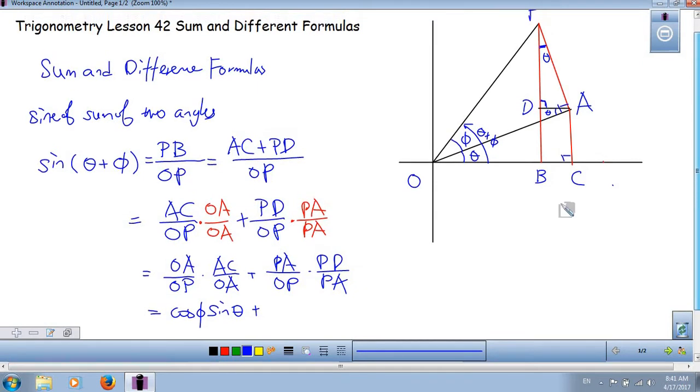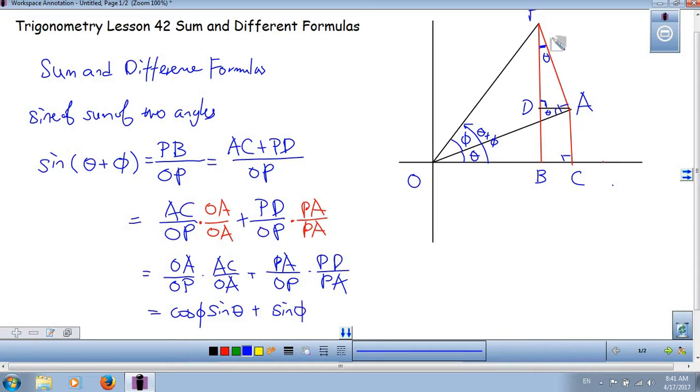What about PA over OP? PA is the opposite side of phi, and OP is the hypotenuse of phi. So this is sine phi.